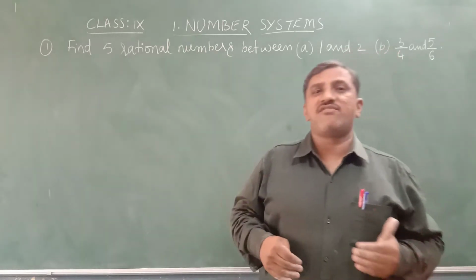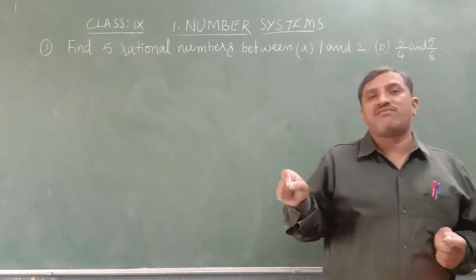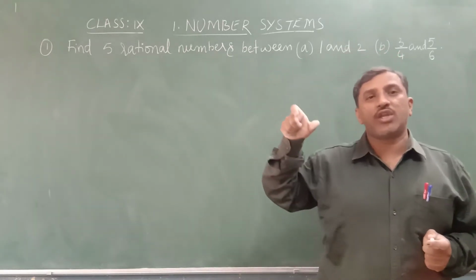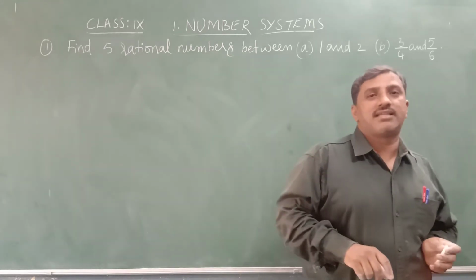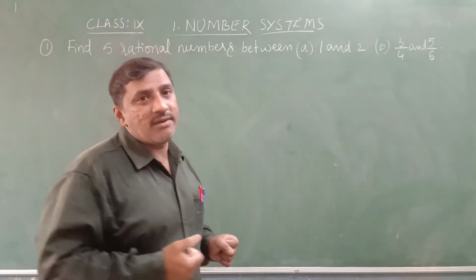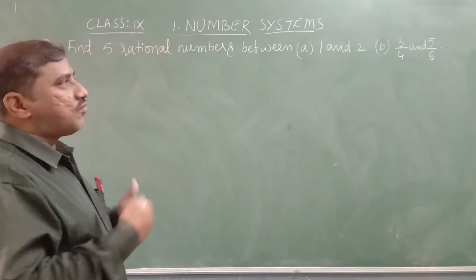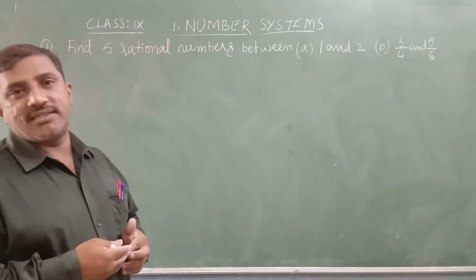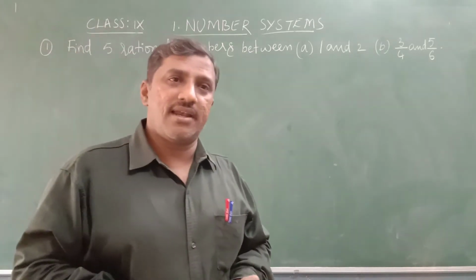If you want to find 5 rational numbers, 1 more than 5 is 6, so multiply both numerator and denominator with 6. If you want to find 10 rational numbers, multiply with 11 to find the required rational numbers between the given rational numbers.